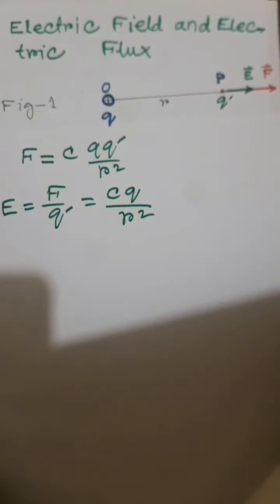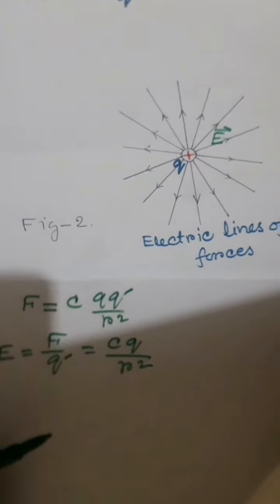The imaginary lines along which electric forces or electric fields act are called electric lines of forces. The electric lines of forces for a point charge Q is shown in figure 2.